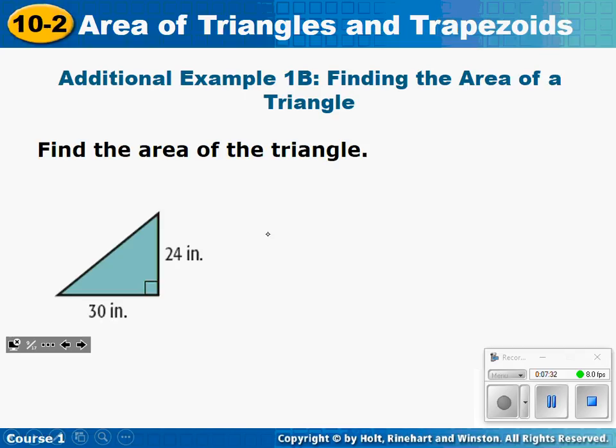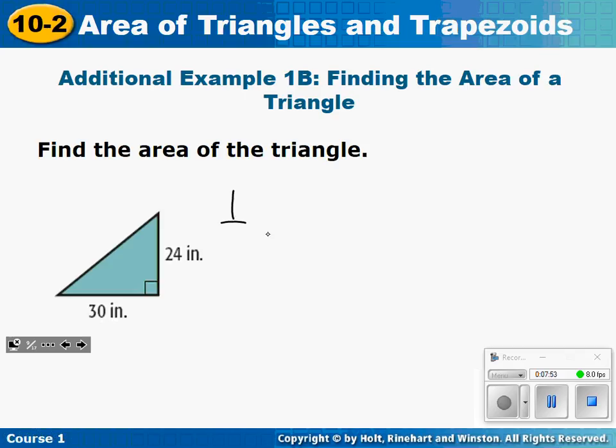You got a base, you got a height. Give me the two numbers we're going to multiply together, Corbin. 15 and 24. We can do that. We're going to cut the base in half.